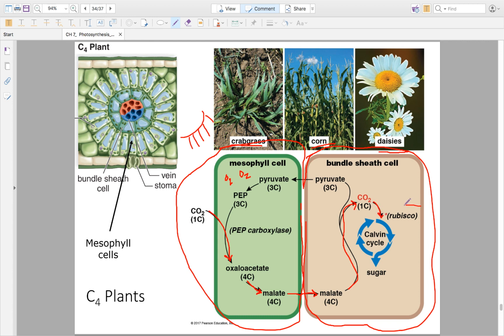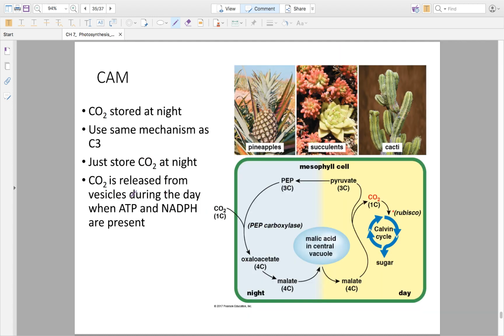CO2 is fixed by Rubisco, run the Calvin cycle, and then it's converted to pyruvate, and it goes on and on. But the point is that photorespiration does not occur because they are physically separated. Oxygen never comes in contact with Rubisco. Cannot fix it. Good.